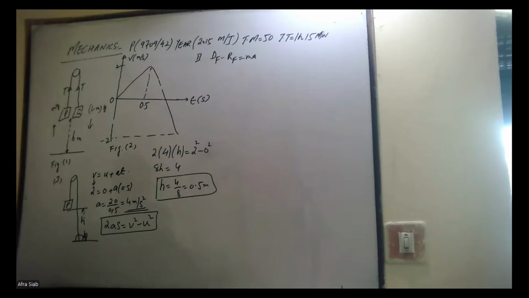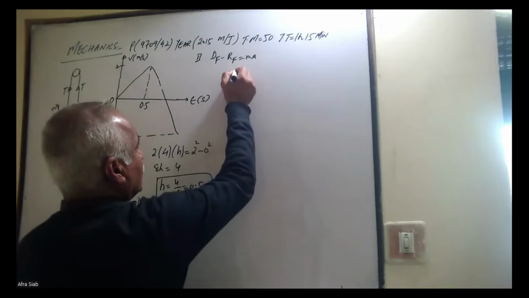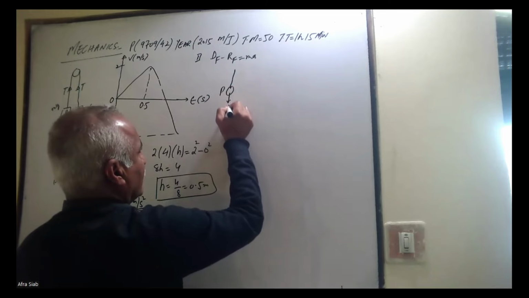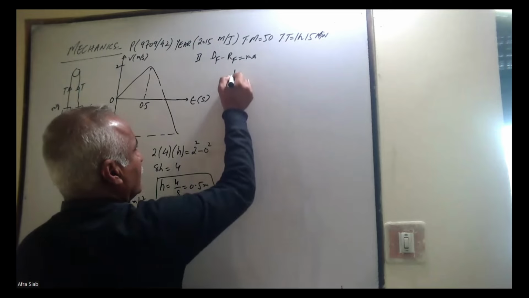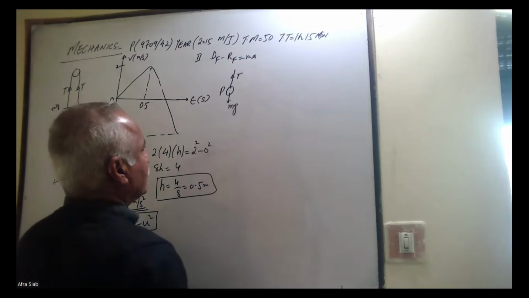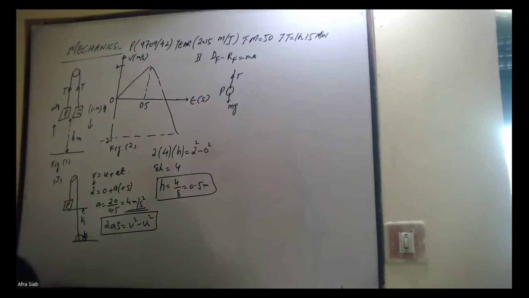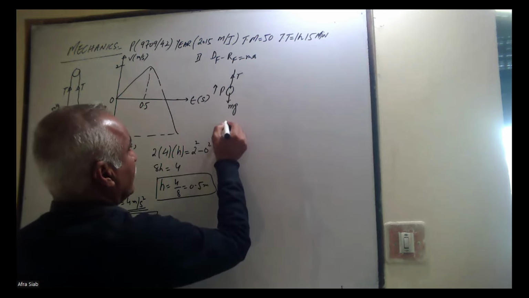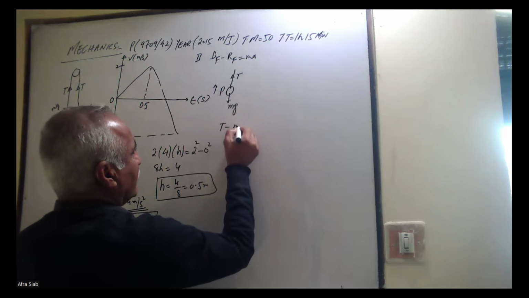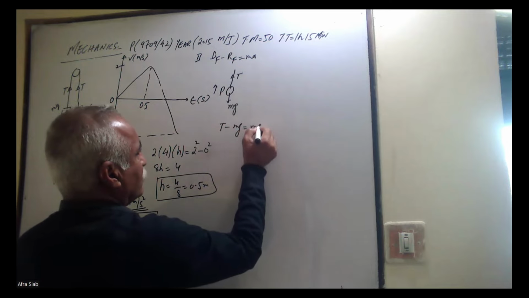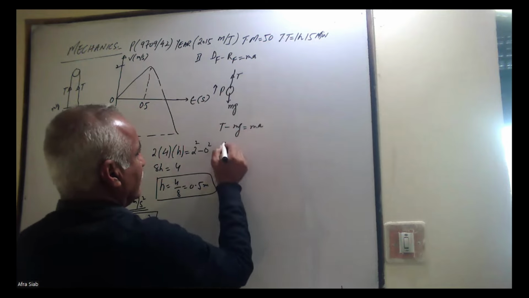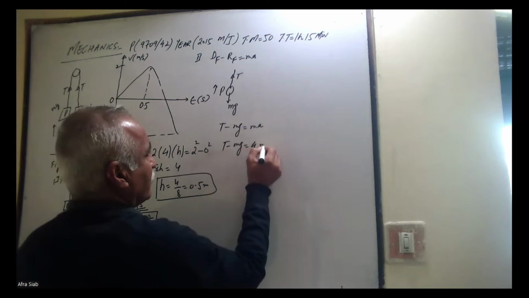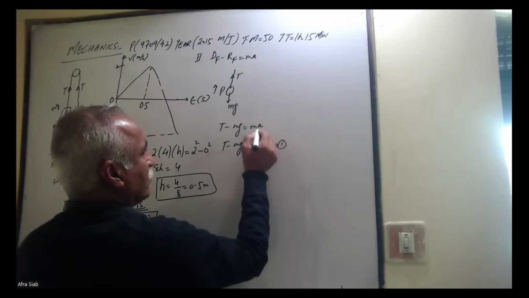For this particle P, its weight is acting downward, so it is mg, and that is tension T. It is moving upward, so the equation of motion will be driving force T minus weight mg is equal to ma, or T minus mg is equal to 4m, because acceleration is equal to 4.